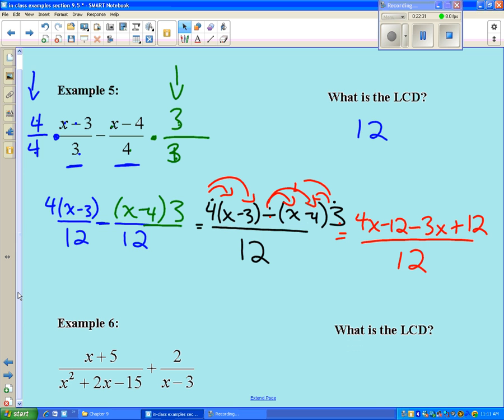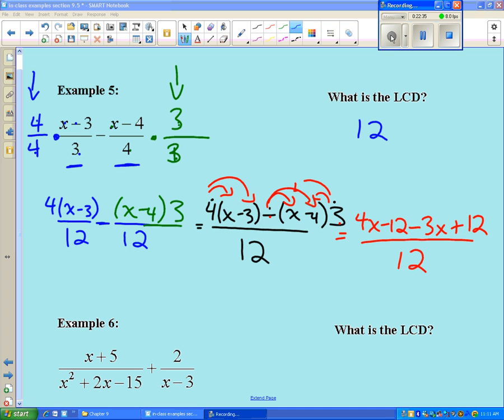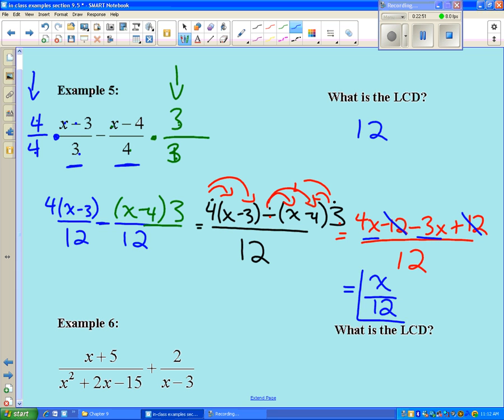And I'm going to combine like terms. Negative 12 plus 12 is 0. 4x minus 3x is 1x. So I get x over 12 as my final answer. That cannot be reduced any more than it is.